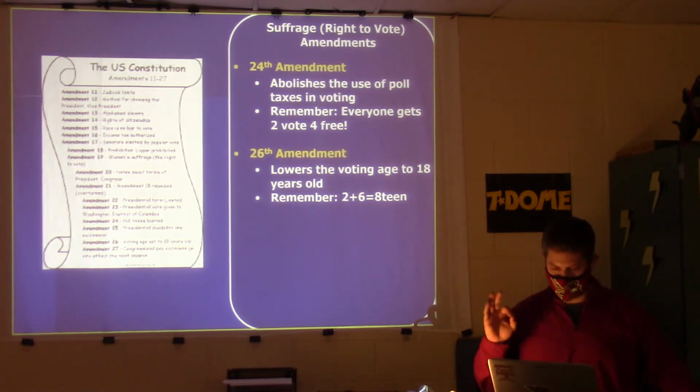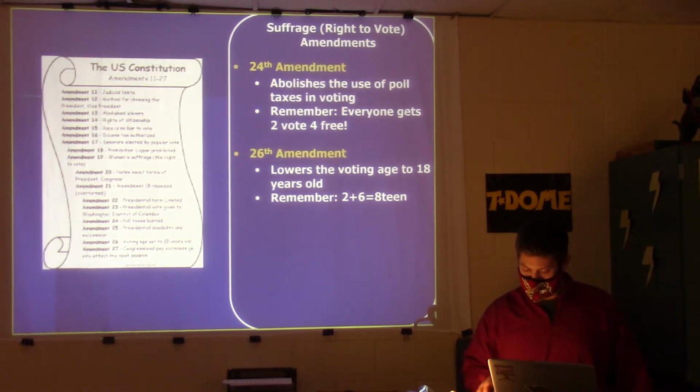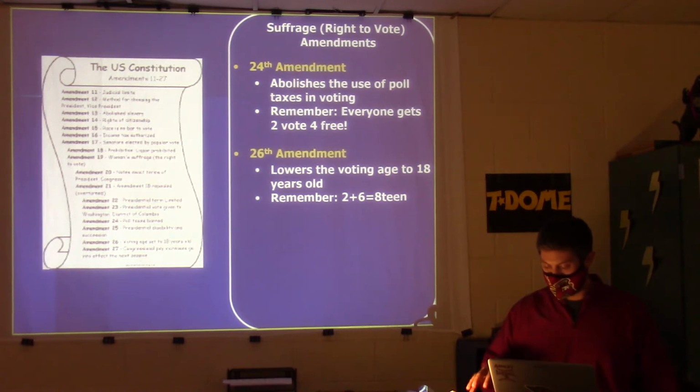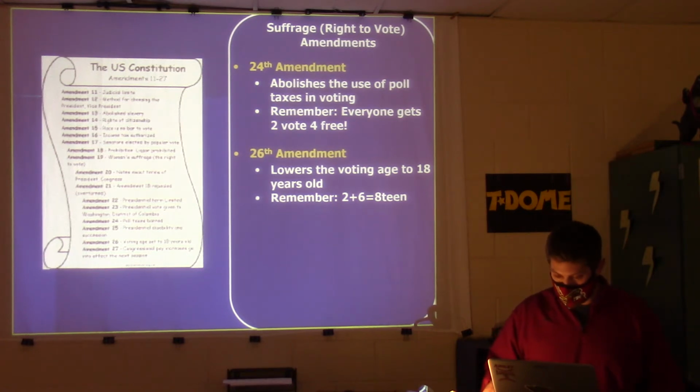That's exactly right. Any citizen that is poor, okay? So poll taxes were basically a way to keep poor people and recently freed black males from voting because they had to pay money to do so.